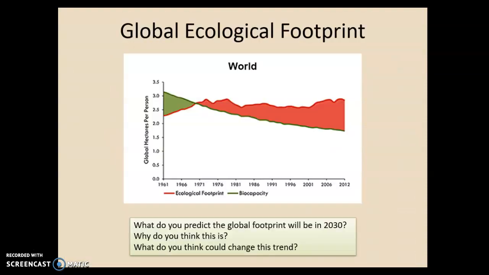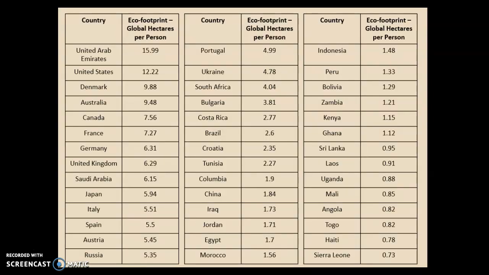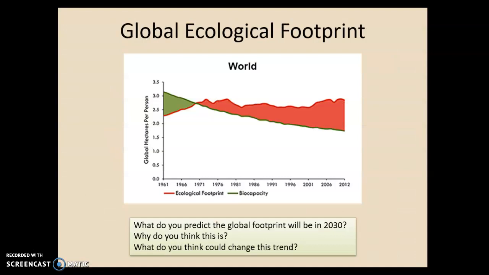This is the global ecological footprint. So you've had a look at your own personal one with the calculator. You've just had a look at some country-based data. And then finally, this is the global ecological footprint.